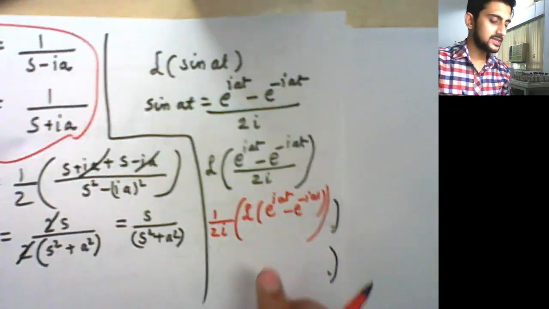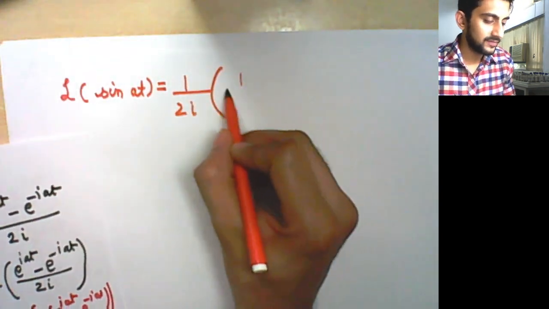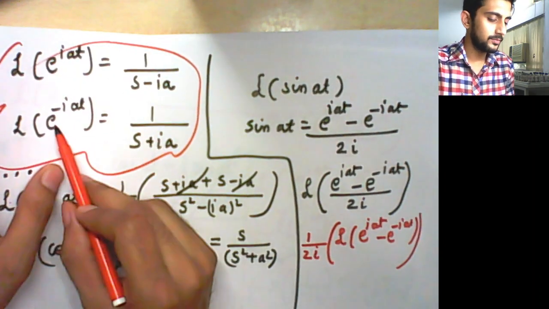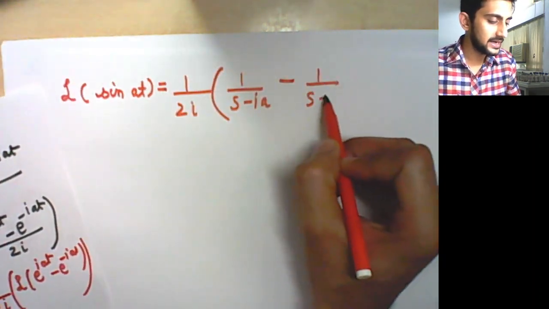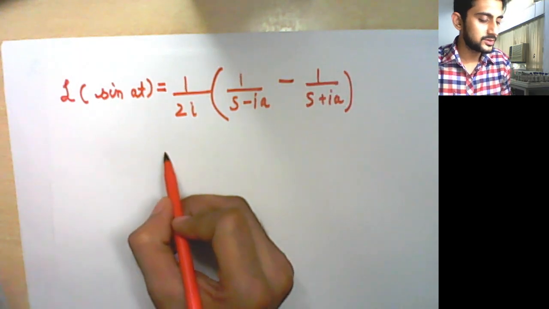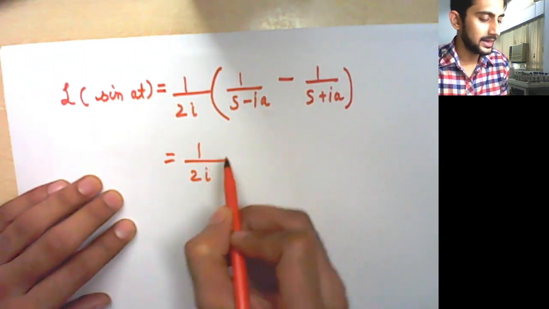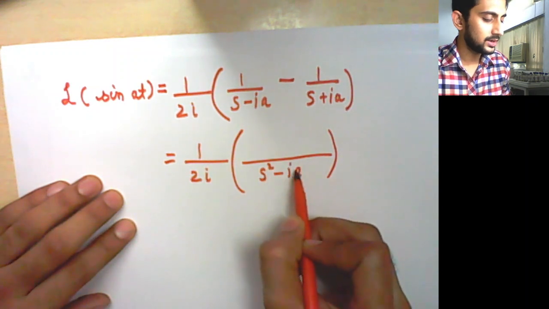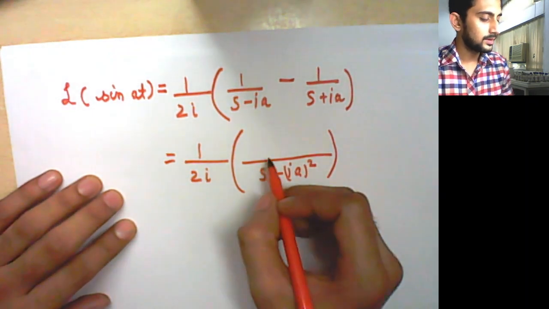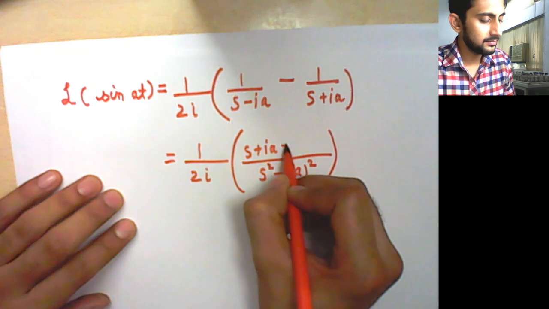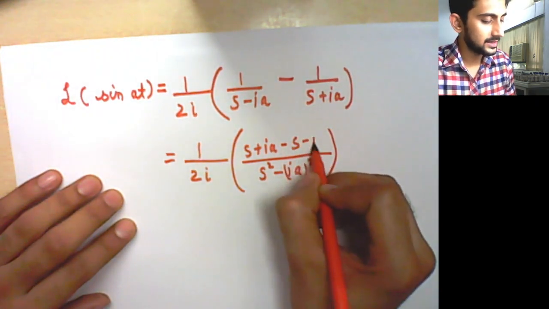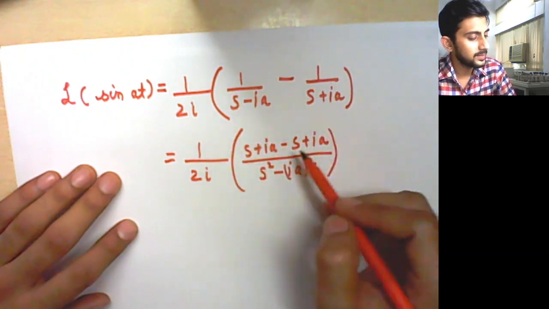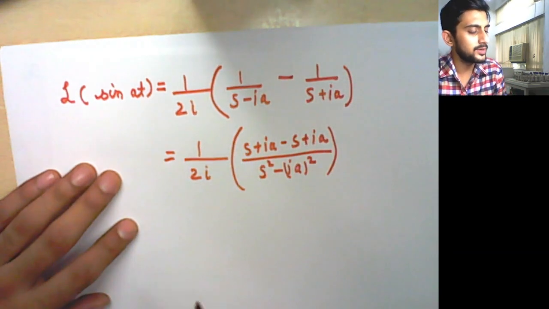What is the Laplace transform of e to the power iota at? 1 upon s minus ia, minus Laplace transform of e to the power minus iota at, 1 upon s plus ia. When you solve it, you will get 1 upon 2I bracket, s square minus iota a whole square, s plus iota a minus s minus iota a. So it would be minus minus plus, so minus s plus iota a, when you solve this.